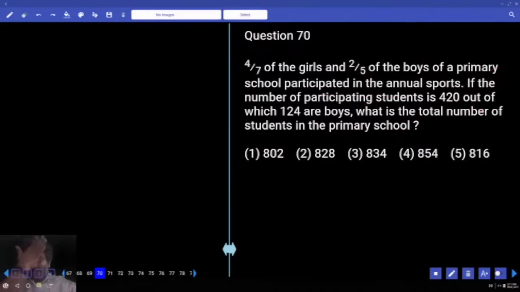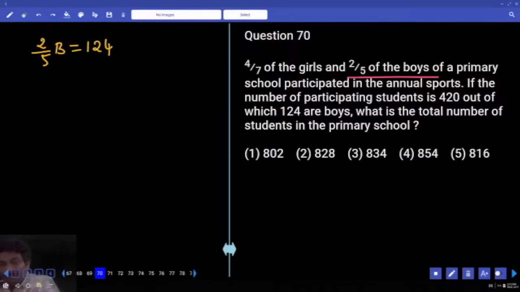4/7 of the girls and 2/5 of boys of a primary school participated in an annual sports. If the number of participating students is 420, out of which 124 are boys, what fractional part of boys participated? So 2/5 of boys is equal to 124.